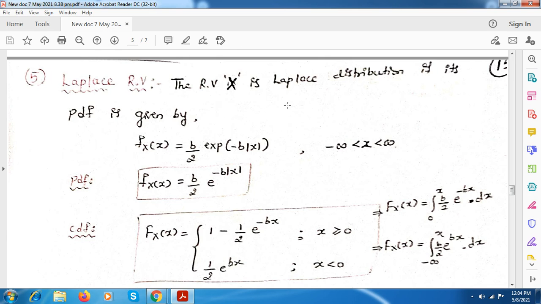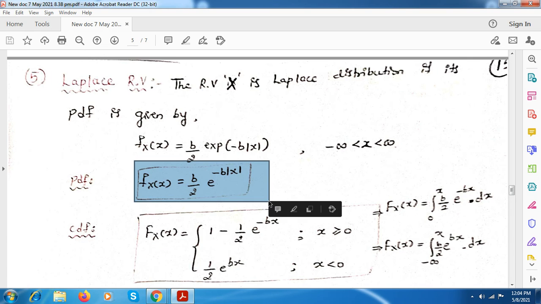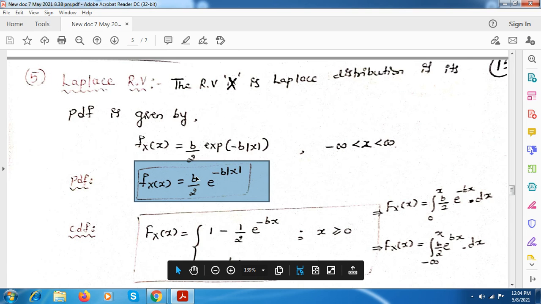The random variable x has a Laplace distribution if its PDF is given by f_X(x) = (b/2) e to the power of minus b mod x, and here it is mod of x, because the x value varies from minus infinity to plus infinity. This is the PDF for the Laplace distribution.